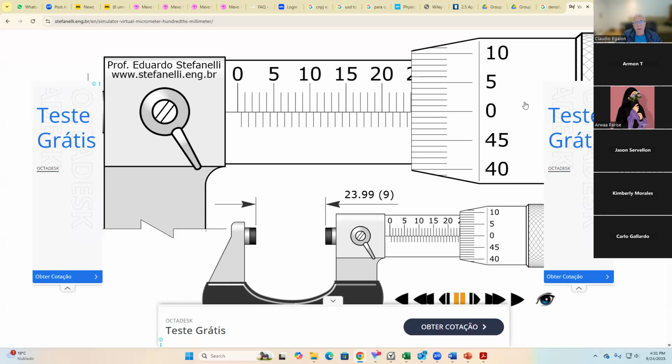Instead of hundredths of a millimeter, I can measure thousandths of a millimeter. But we're going to stop here. The resolution that you're going to use for the micrometer for the rest of the semester is going to be 100th of a millimeter, or 0.00001 meter.